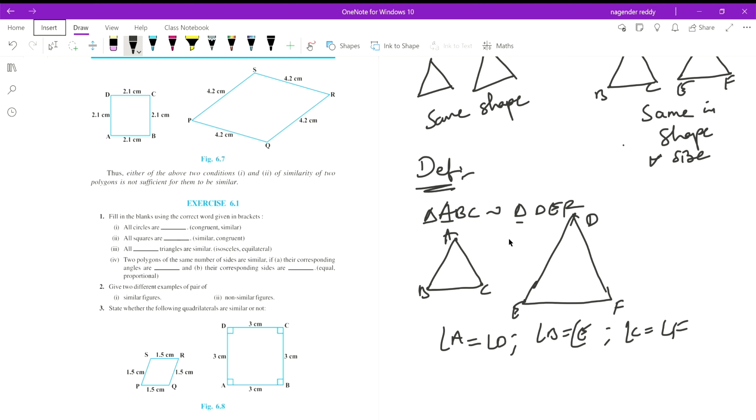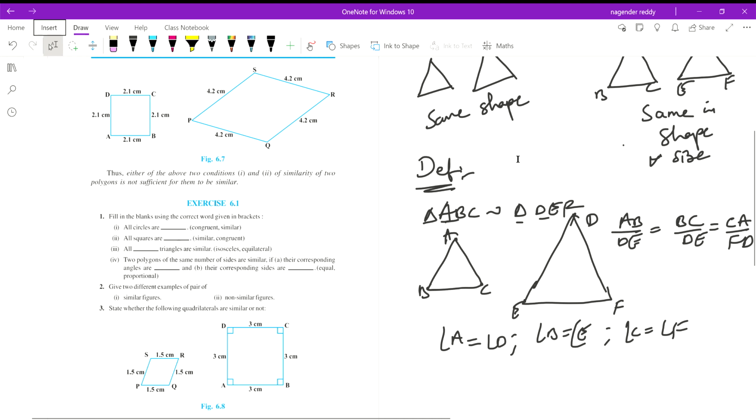That means AB by DE is equal to BC by EF, which is equal to CA by FD. Sides are in proportion and the angles are equal in the two triangles.